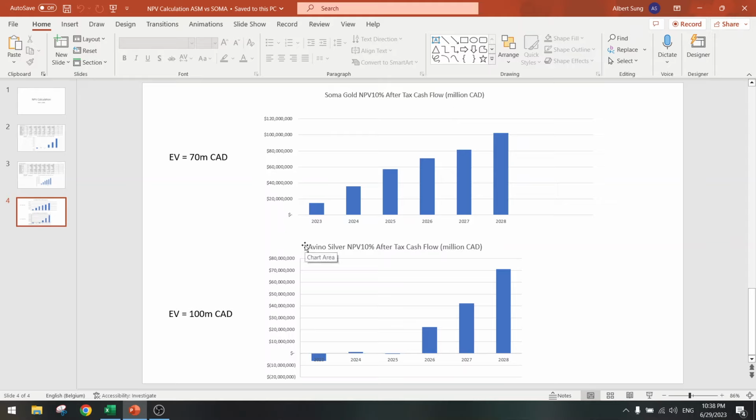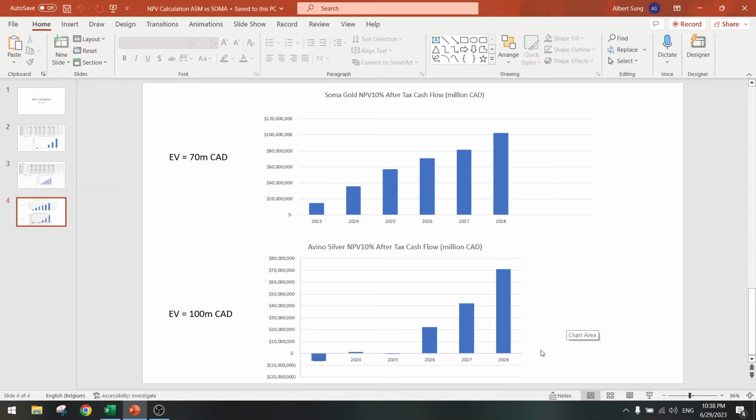Now for Avino Silver, we are at 100 million. That's somewhere here. That's pretty high already compared to where we are here. So overvalued, I think. And even in 2028, we will not reach that 100 million enterprise value.